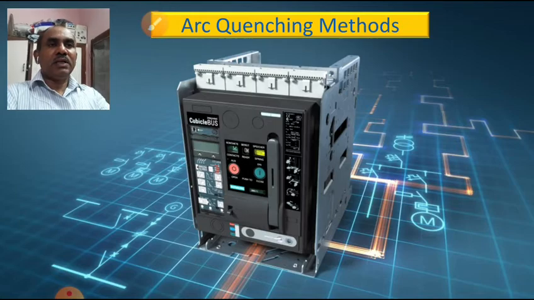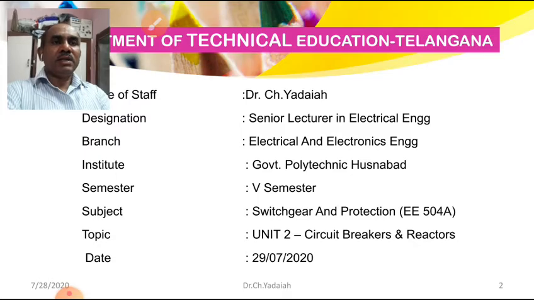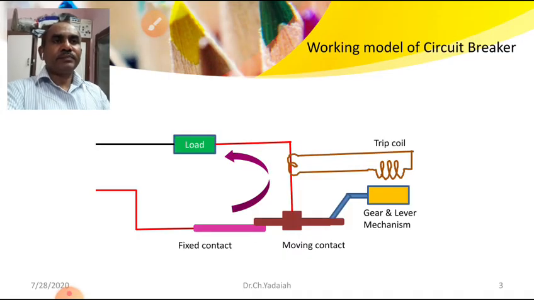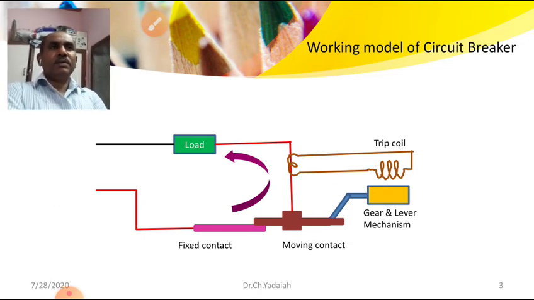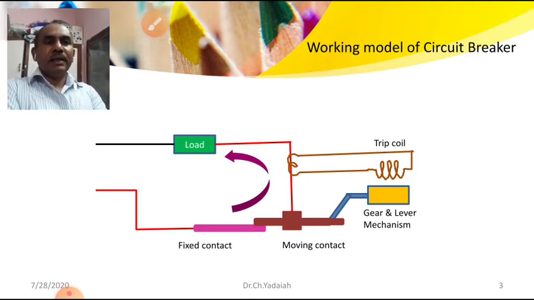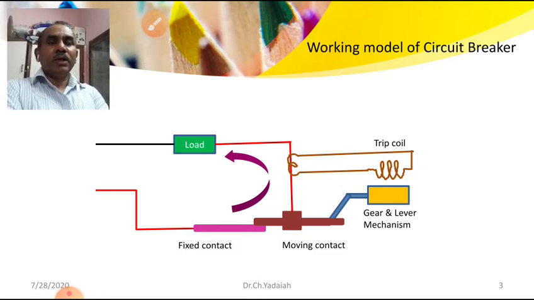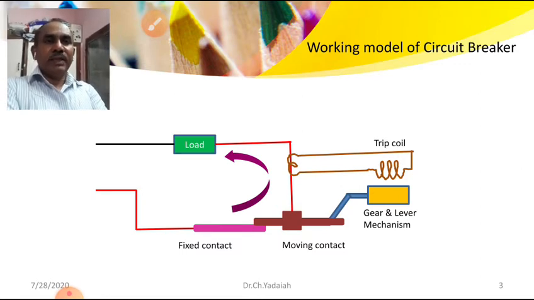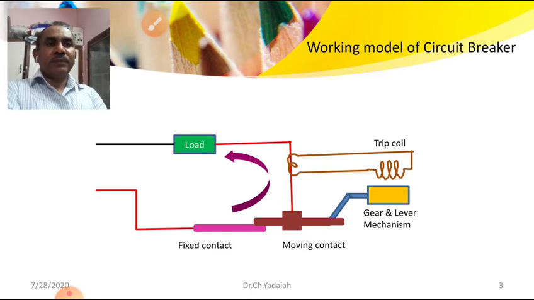Now what have we seen in the last class? In the last class we have seen the working model of a circuit breaker, how the circuit breaker operates, a single line diagram. Here once again recollect what we have seen. Here is one simple circuit, which has a fixed contact and a moving contact, and the moving contact can be operated by a gear and lever mechanism.